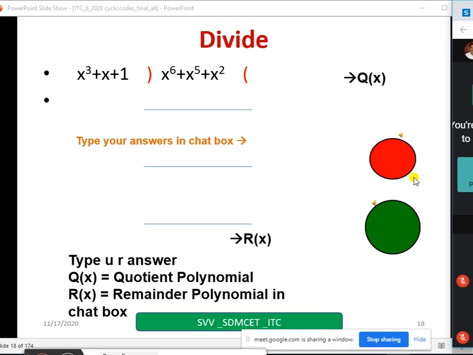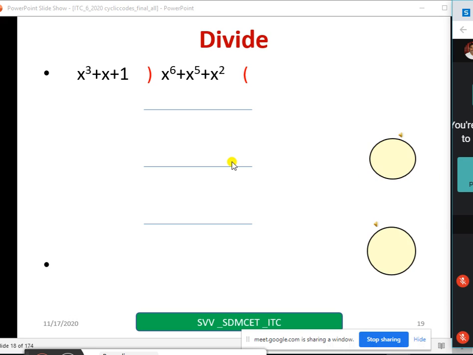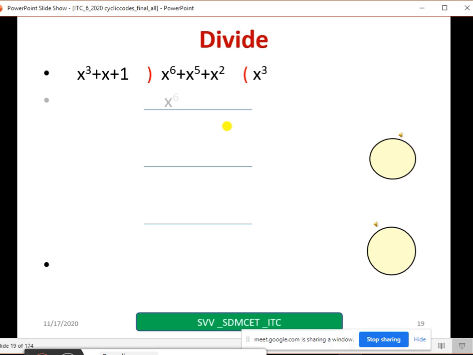Okay, let me show you the answer. So, into x cube, just do it, you will get an answer: x raised to 6 plus x raised to 4 plus x cube. Plus and minus are both the same. The answer is x raised to 5, x raised to 4, x cube plus x square. Those who couldn't do it can go through this.